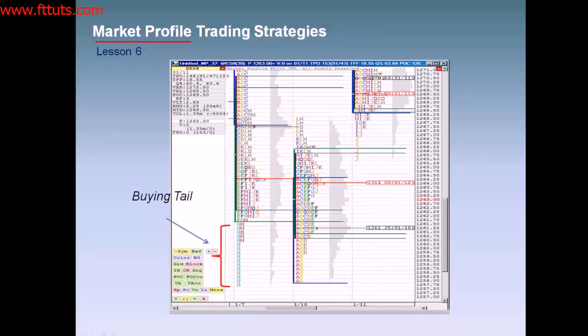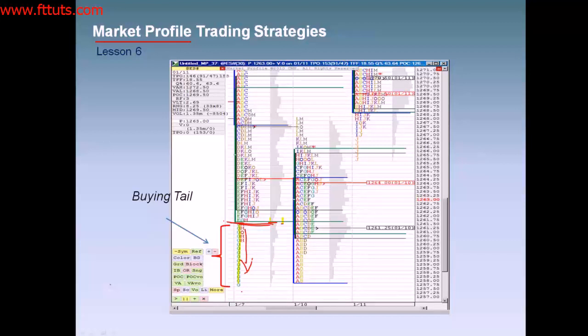First of all, let's take a look at this buying tail here in period G. The first thing that we notice is period G popped out of the value area. You see the low of the value area for the day here. Right here, this was the low for the day. And prices started to move lower.